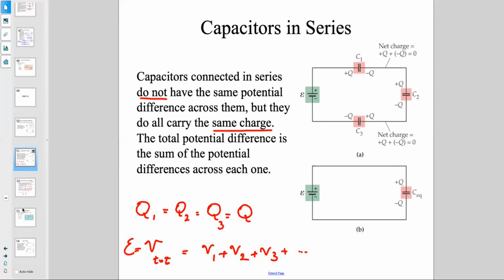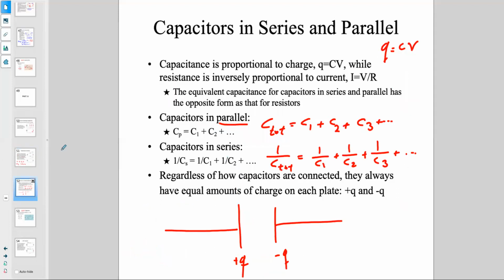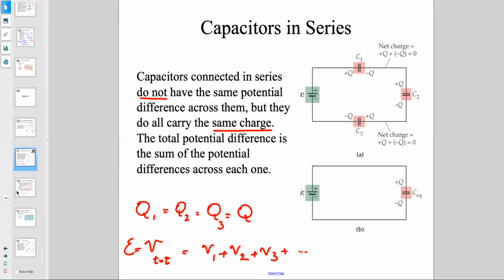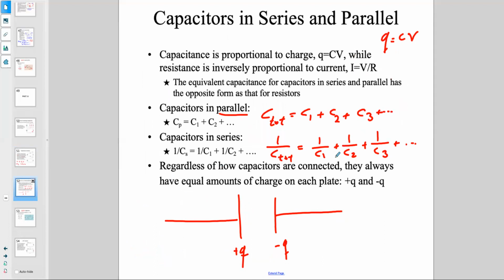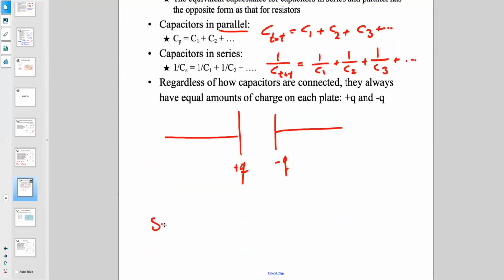So if they are in series, that's the way you find the total capacitance, and your Q total would be Q1, would be Q2, and so on.